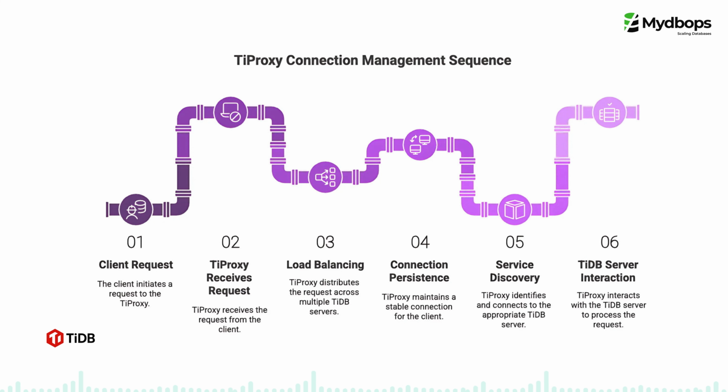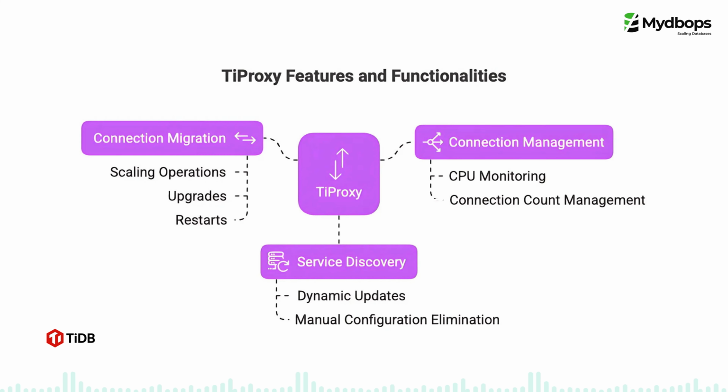So it's basically a middleman that's making sure everything's talking to each other correctly. Yeah, that's a great way to put it. And the real magic happens, I'm guessing, when you need to upgrade a TiDB server or restart it. Exactly. That's where things could get a little dicey. Imagine a server needs to go offline for a critical security patch. Without TiProxy, you'd have to schedule downtime, and that could potentially impact your users and, of course, your bottom line.